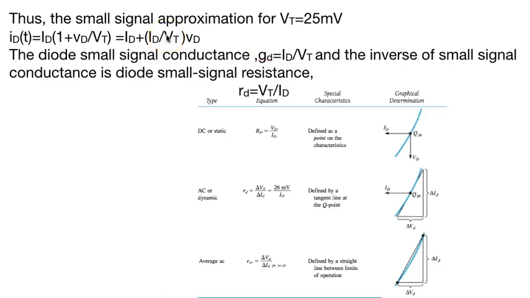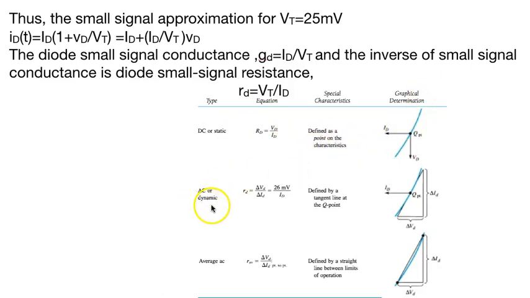And the inverse of the small signal conductance of the diode, the small signal resistance, will be the reverse of the conductance, which is V_T over I_D. Look at this small table. For DC, R_D will be equal to V_D over I_D, defined as a point on the characteristics.